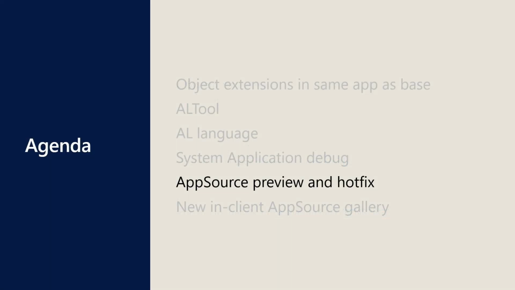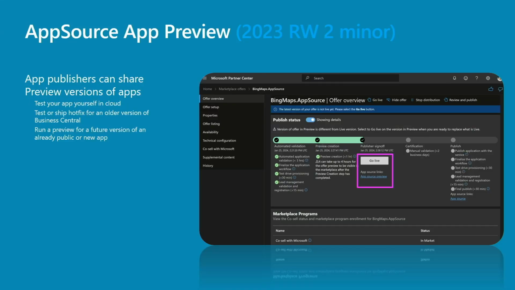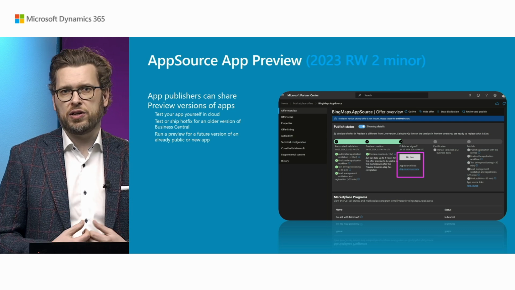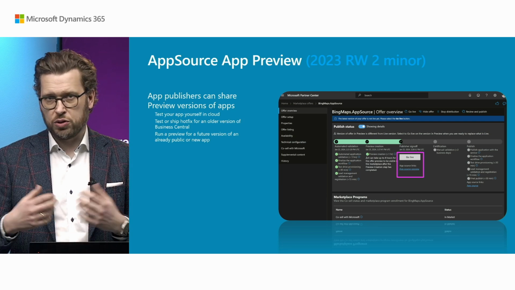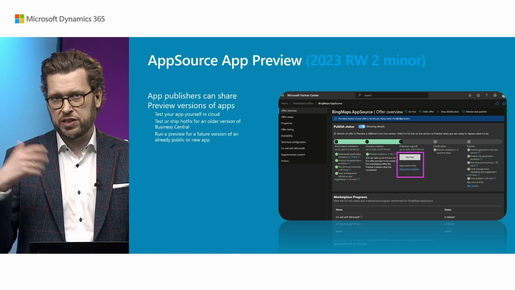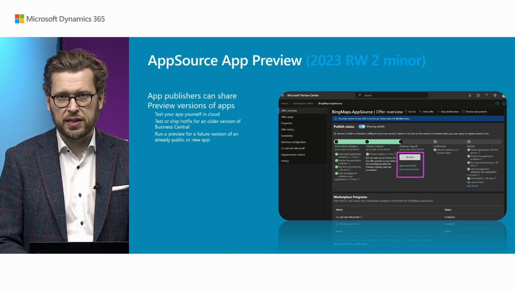So let's switch gear to the first of a couple of AppSource improvements, and we'll start out with AppSource Preview. We now support the AppSource preview state, which all submitted apps automatically go to when passing validation. So that means that as a publisher, you can release your app directly to public visibility in the AppSource marketplace as usual.